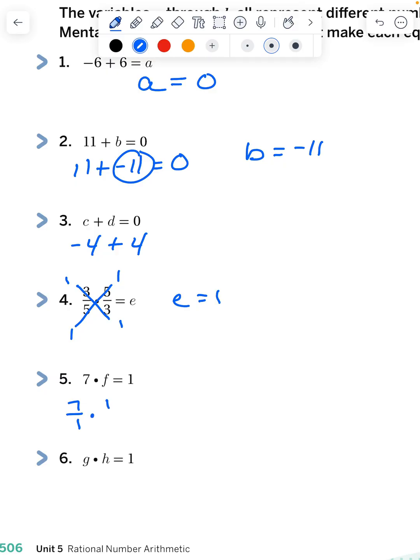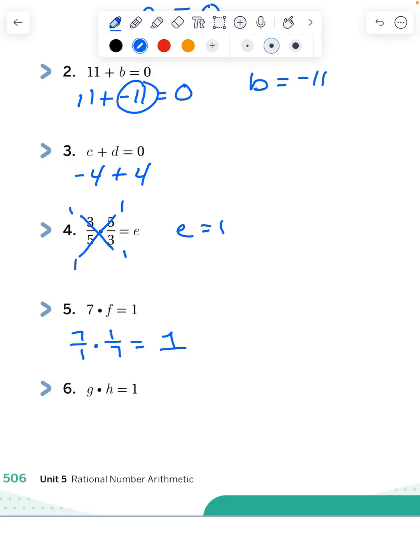Well, 7 over 1 times 1 over 7 would give us 1 whole. If you multiply straight across and get 7 sevenths or cross cancel, F is 1. And then number 6, G and H equals 1. We could have lots of answers for that one as well.